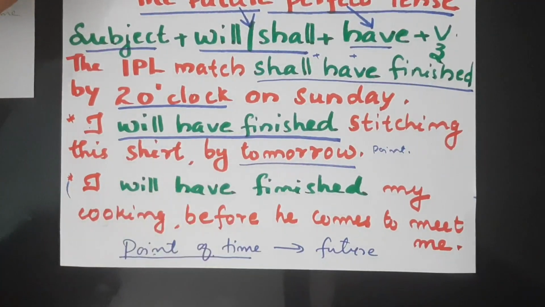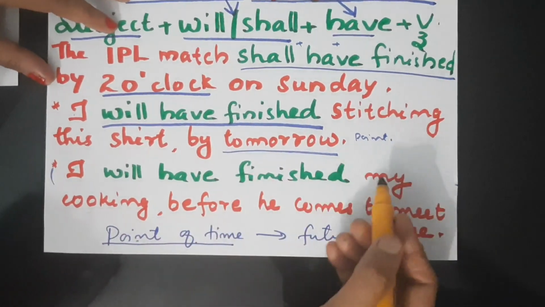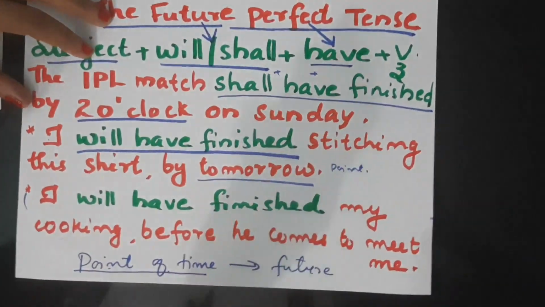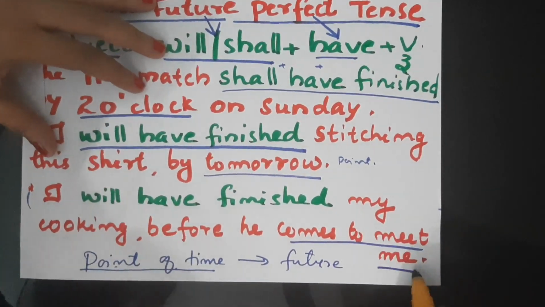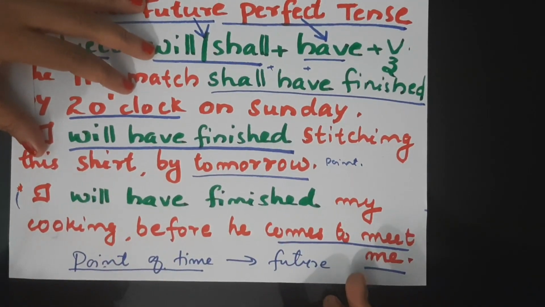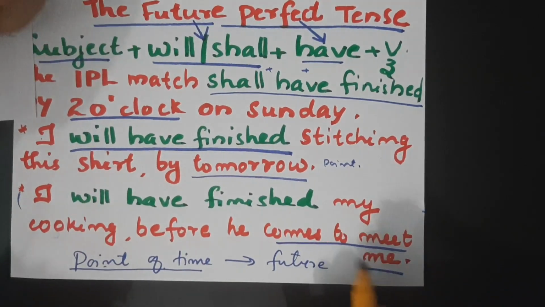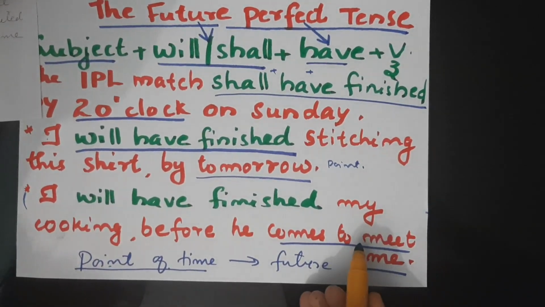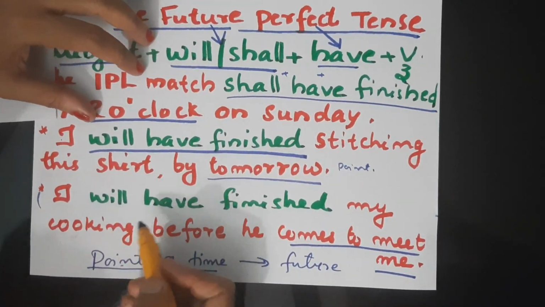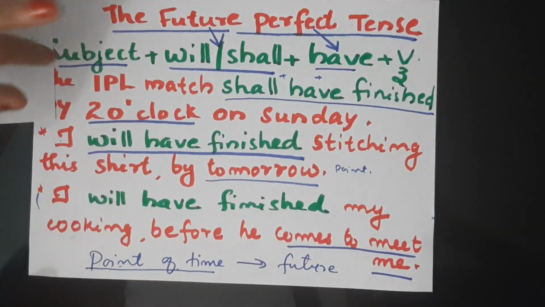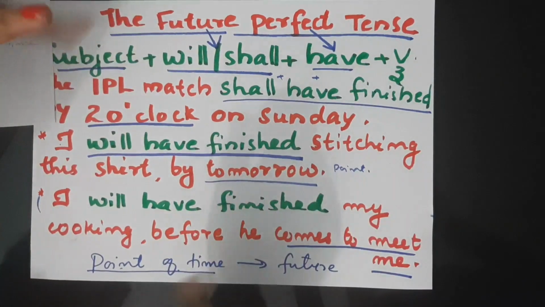The last one: I will have finished my cooking before he comes to meet me. The time when he comes to meet me is the point of time. So before this point of time, what action will get completed? I will have finished cooking.